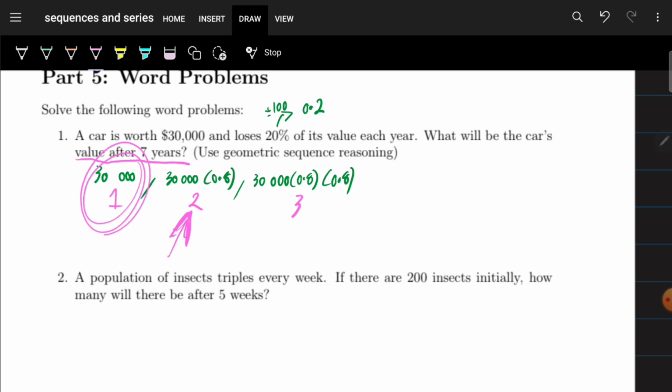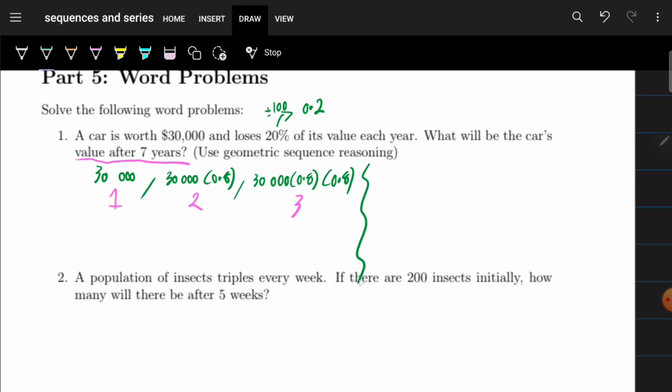So this is the initial value. This is before sort of the timer starts going, right? This is the value after the first year. This is the value after the second year, right? So our third term is the value after the second year. So if we want the value after the 7th year, we actually want to find the 8th term.